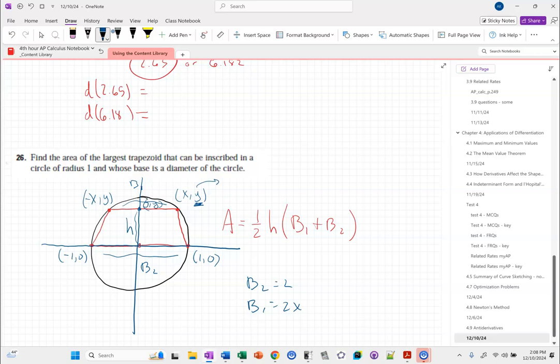Well, what's the equation for a circle with radius 1 centered at the origin? x squared plus y squared is equal to 1. So I know that y is going to be the square root of 1 minus x squared. And I can drop the plus or minus because I'm on the positive part of the y-axis. So this is my h.